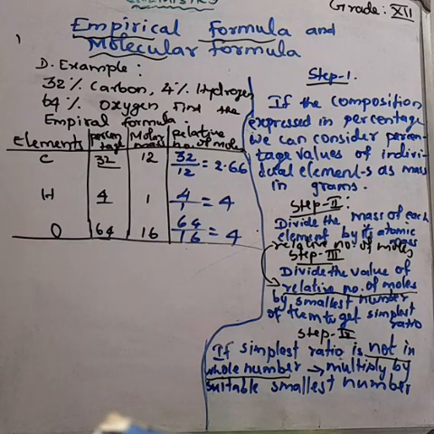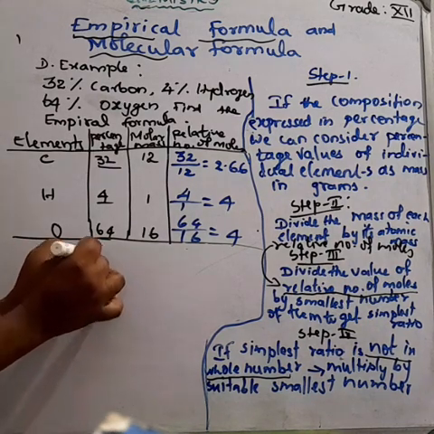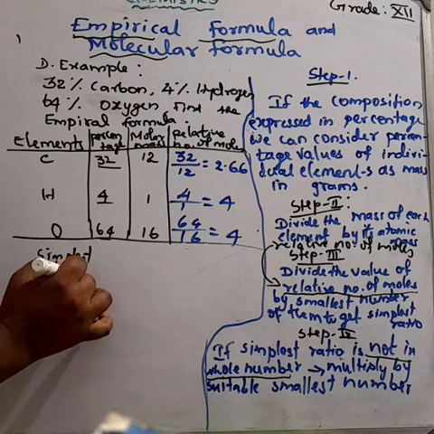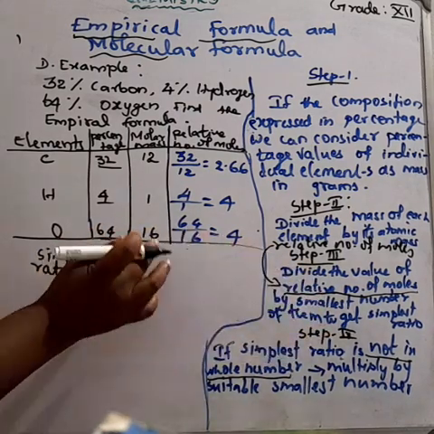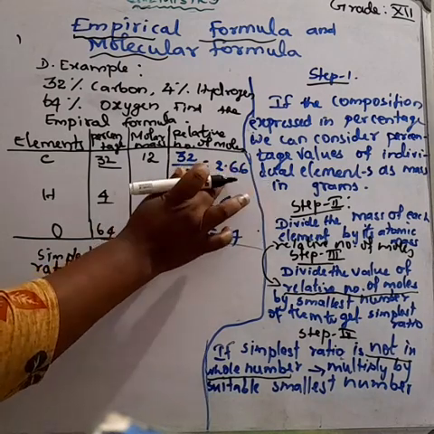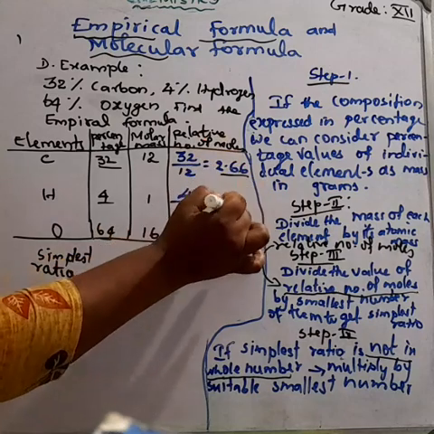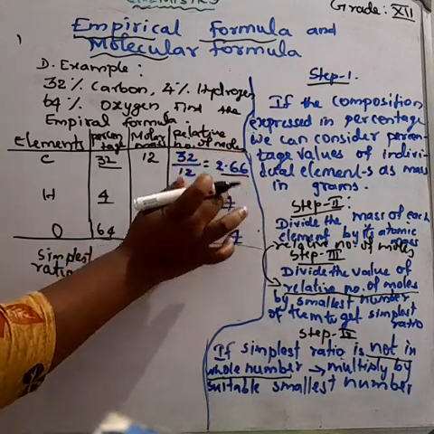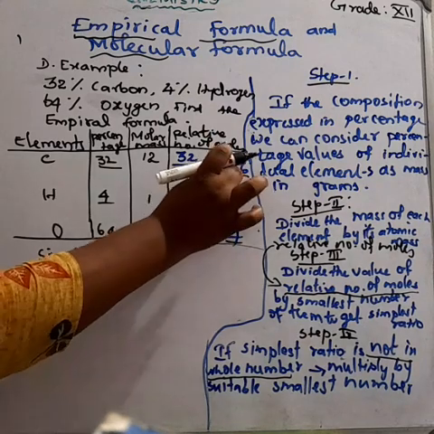How can we obtain the simplest ratio? According to step 3, divide the value of relative number of moles obtained in step 2 by the smallest number among them.